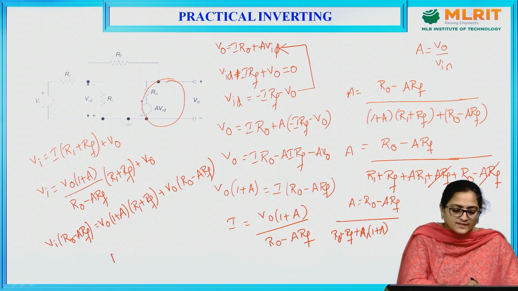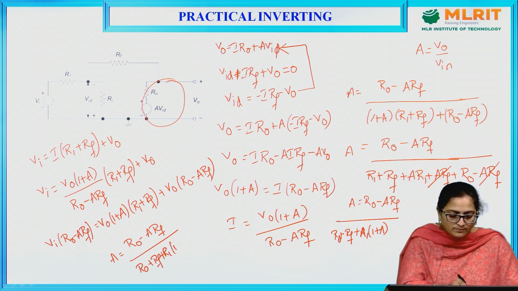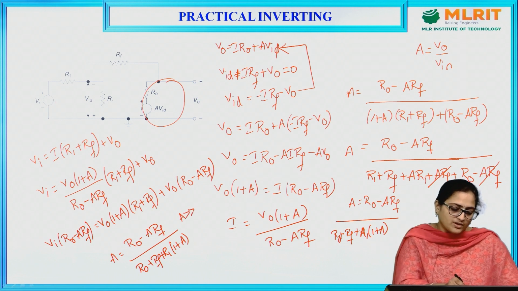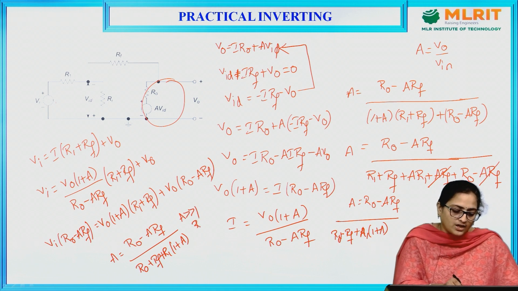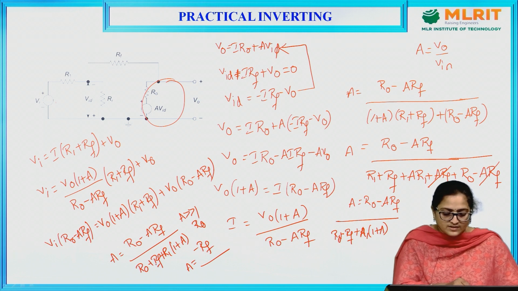So A is equal to (R0 minus A into RF) divided by R0 plus RF plus R1 into (1 plus A). In the numerator part, if I assume A is much greater than 1, you can neglect R0 and you can write A as minus RF, and here I am considering R0 and RF are much smaller than R1 into (1 plus A), which is again A into R1.